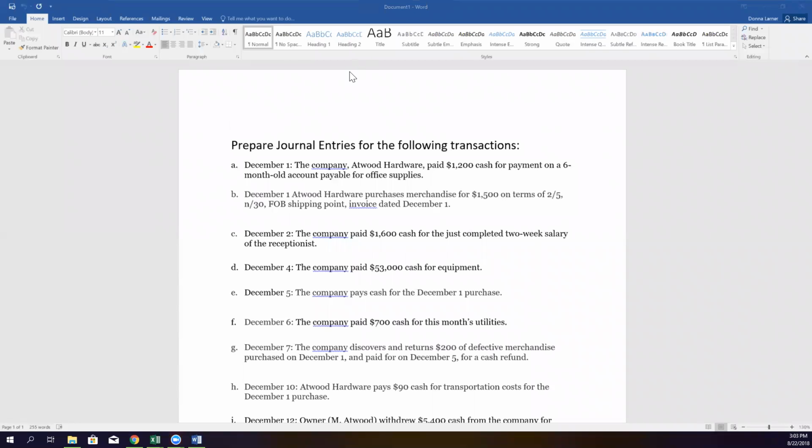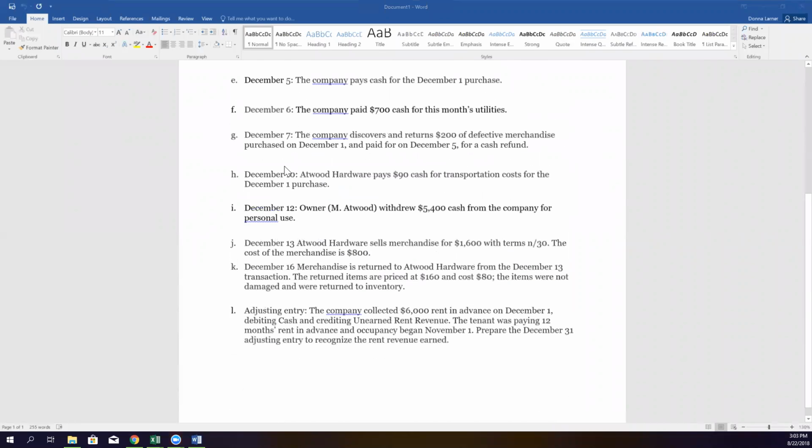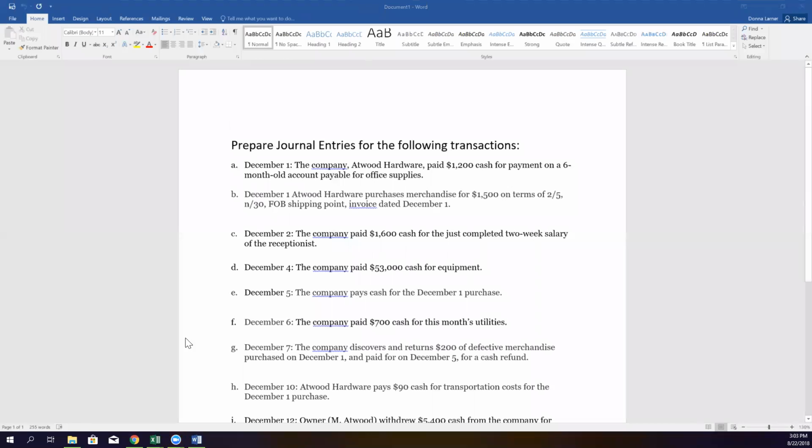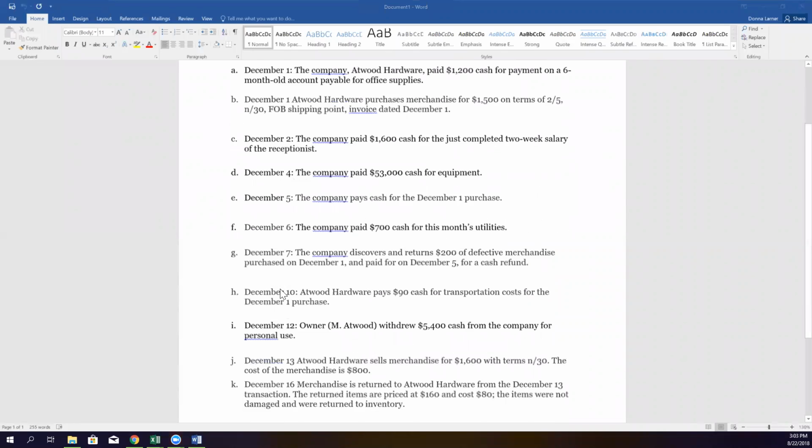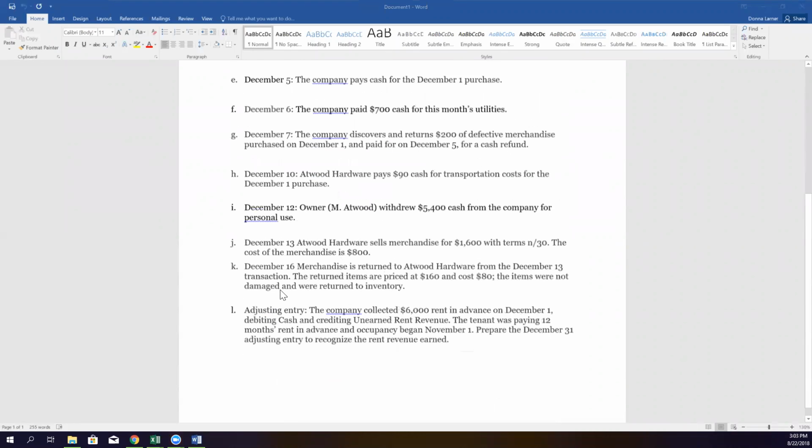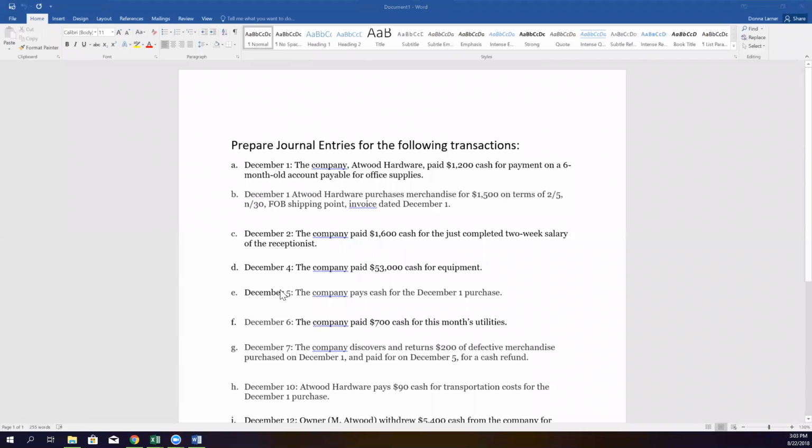Okay. Second part of your assignment is to prepare journal entries for the following transactions. Each one has a date assigned to it, and you're going to use the blank general journal that's loaded into Moodle and fill it out for the transactions listed here. There are 12 transactions. This will give you a chance to practice concepts that probably took you a little ways into merchandising.